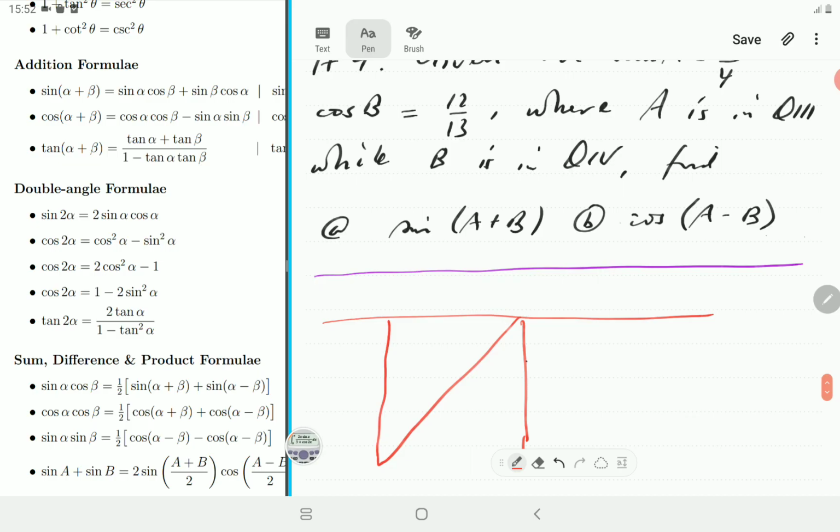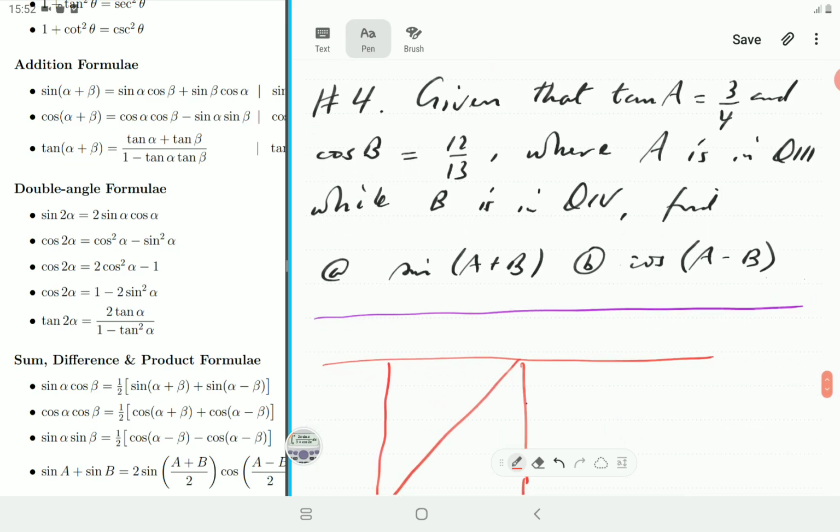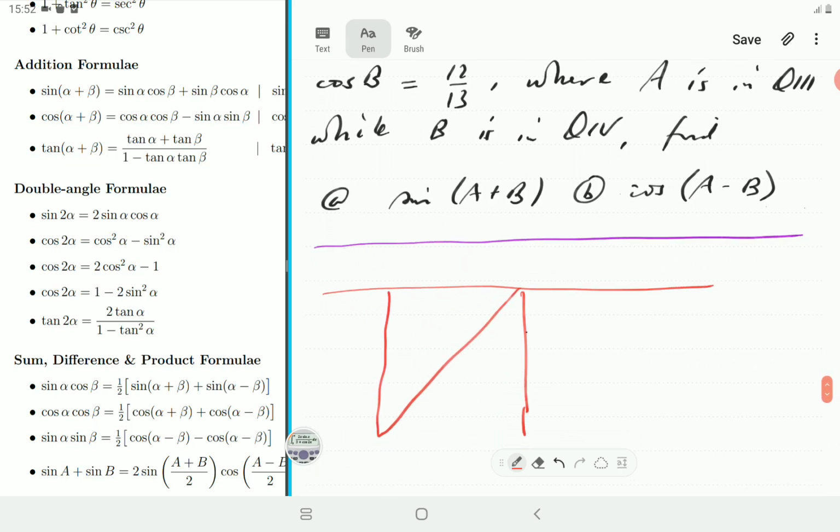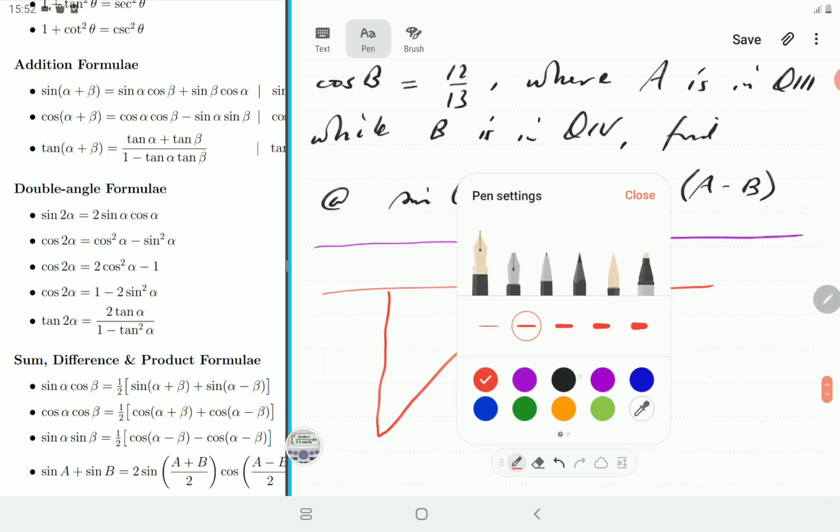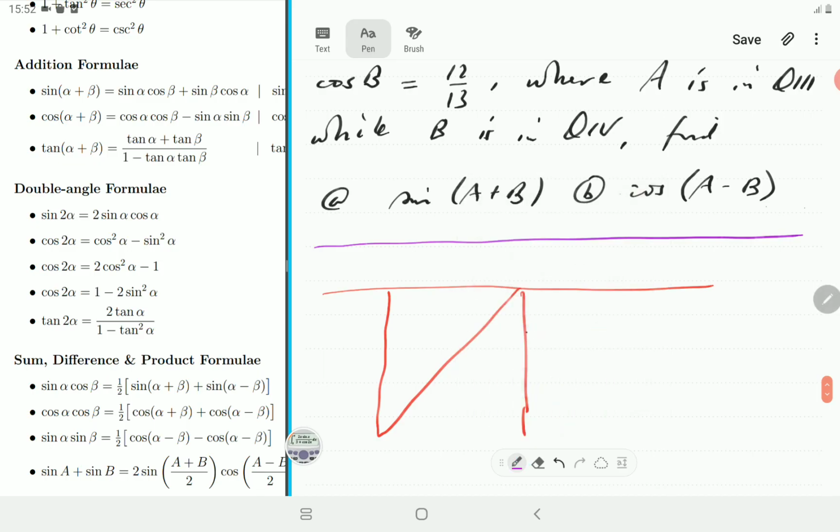Now the tangent for A is 3 over 4. In the third quadrant, both x and y are negative, and so that means this must be 5. And then in the fourth quadrant we have got cosine B is 12 over 13.